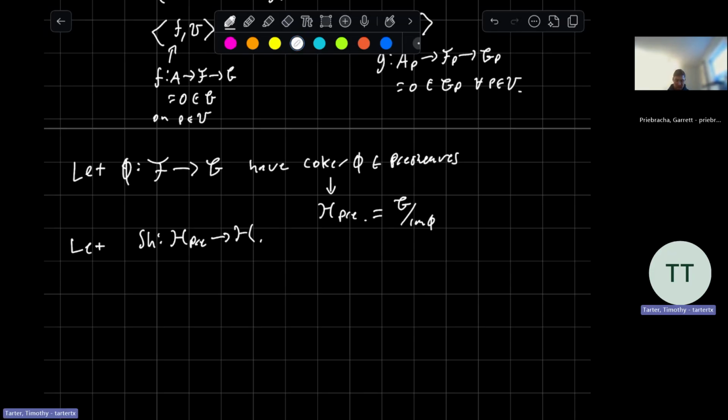So then the sheafification of this is the collection of all things that agree in the way that a sheaf does, so all of the things that have identity and gluability.